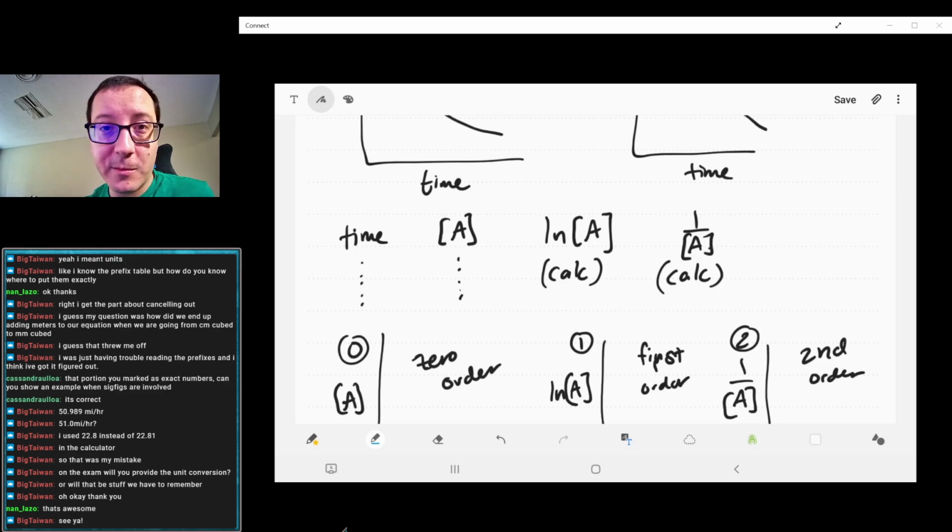If you do it on the homework, by the way, just write, I did this in Excel, and this is the equation I got out. You don't have to manually do it if you don't want to. So that would be the easiest way if you have no idea what your reaction order is going to be.